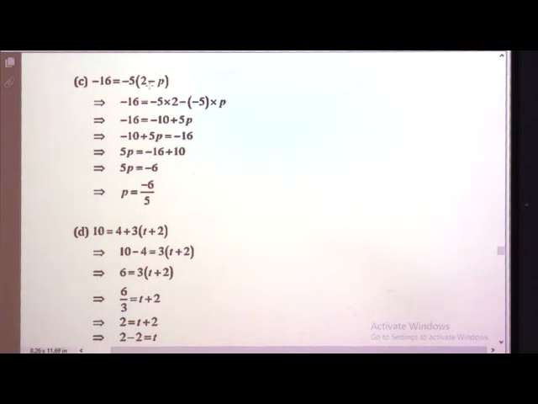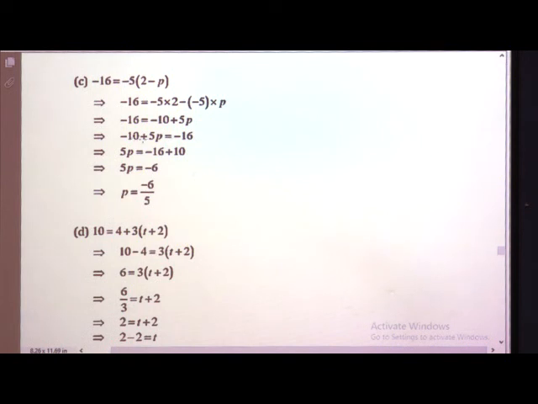Now we will use the distributive property. It is 5 2s are 10, but it is minus, so we will write minus 10, because minus multiplied by minus is plus. So we write here plus, and we will write 5 multiplied by p is 5p. Now we will change that RHS to LHS and LHS to RHS.